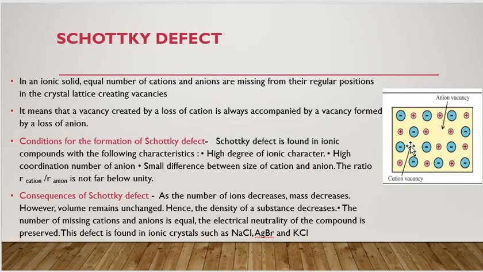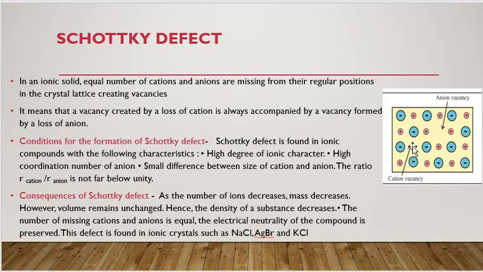So if one positive ion is missing, one negative ion will also disappear. It means that the vacancy created by the loss of a cation is always accompanied by the vacancy formed by the loss of an anion.